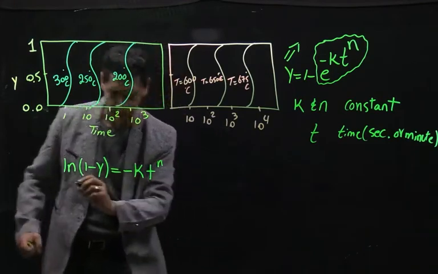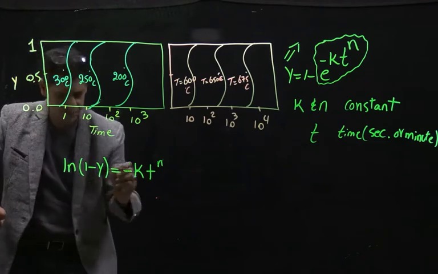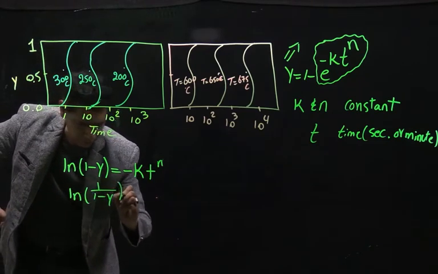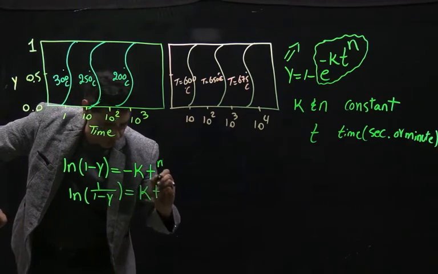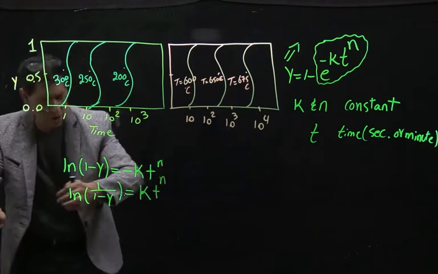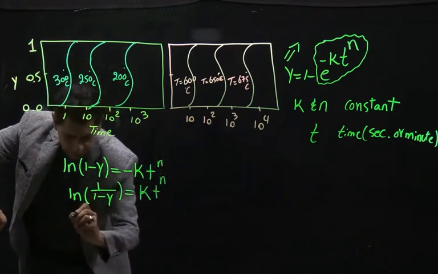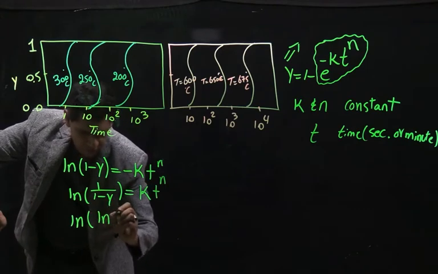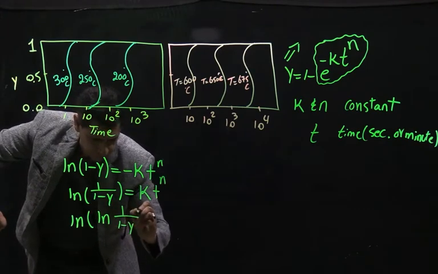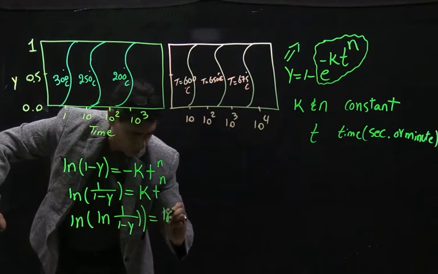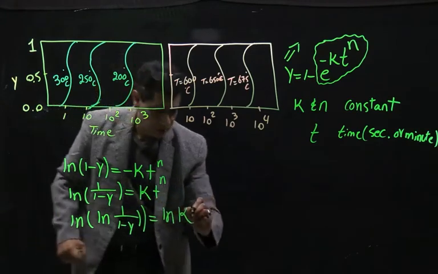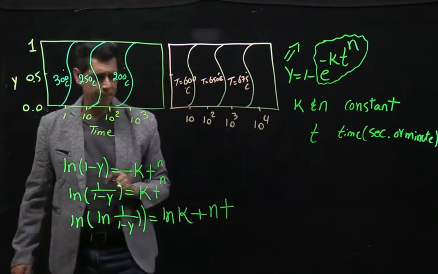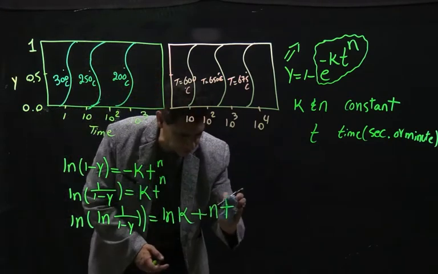So from here I can write, I affect the negative and it becomes ln of 1 divided by 1 minus y equals k t to the power n. Do another ln from this, and that would be ln ln of 1 over 1 minus y equals ln k plus n ln t.